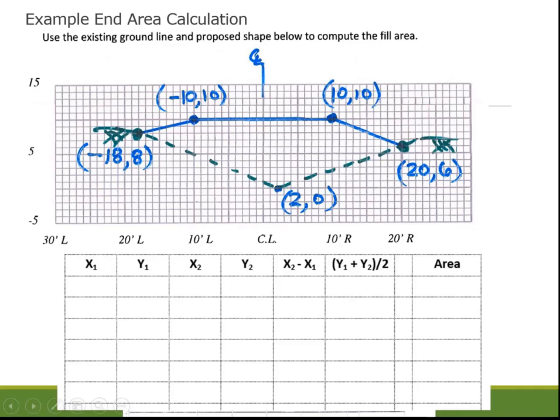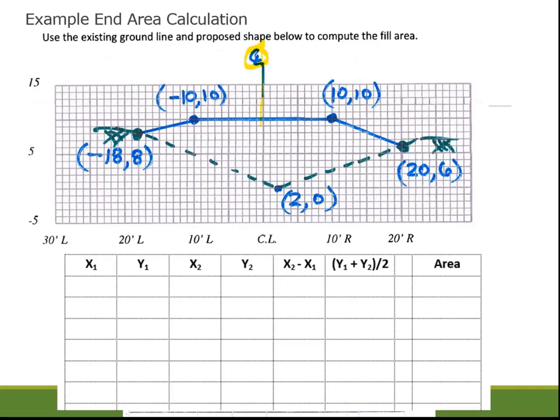And then we have a proposed shape in blue, which would be the finished surface of, in this case, the embankment for a highway. And so we also have the coordinates or position with respect to the center line, right?